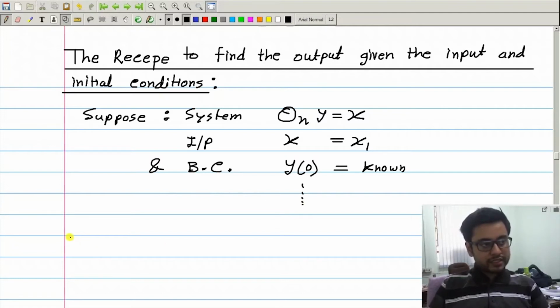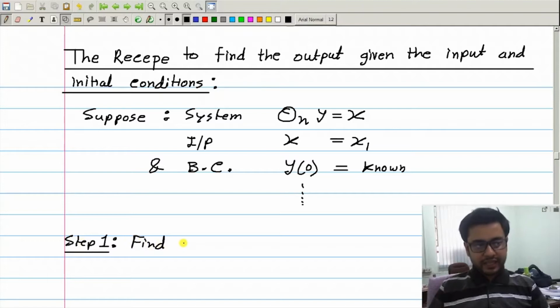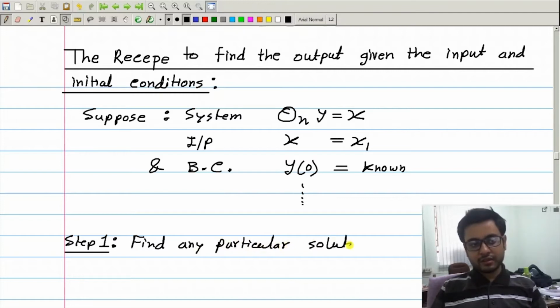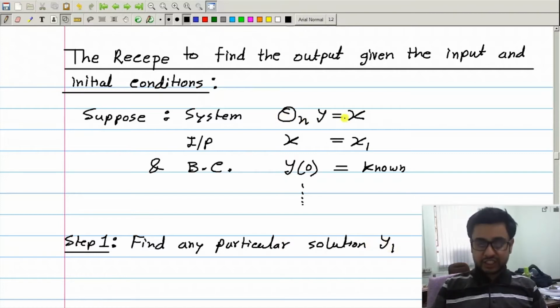Now step 1, find any particular solution y1 which satisfies this system equation with the input x1.